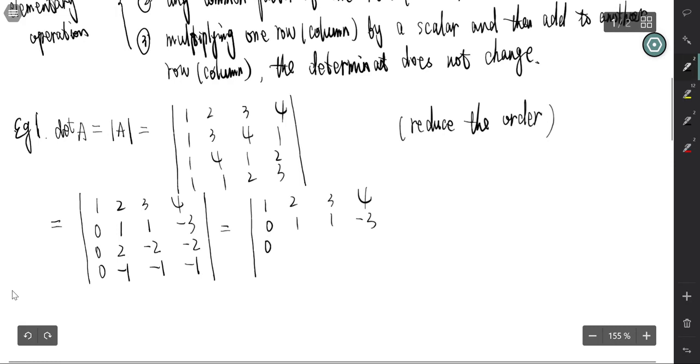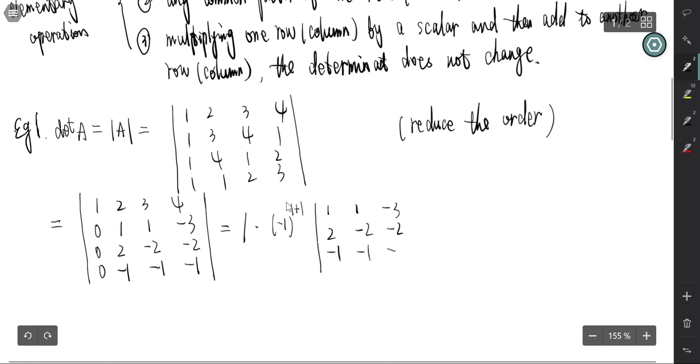Sorry. Because the first column is all 0 except for the 1, we expand the determinant by the first column. So that is 1 times (-1) to the power 1 plus 1, and the remaining determinant is 1, 1, -3, 2, -2, -2, -1, -1, -1.